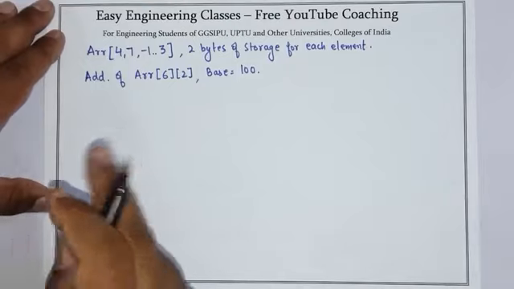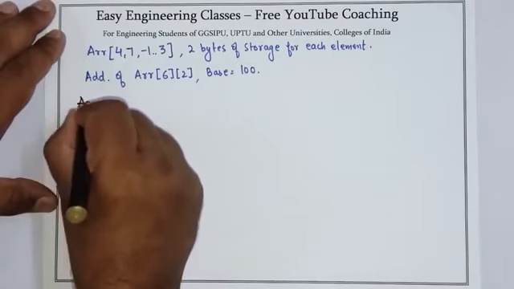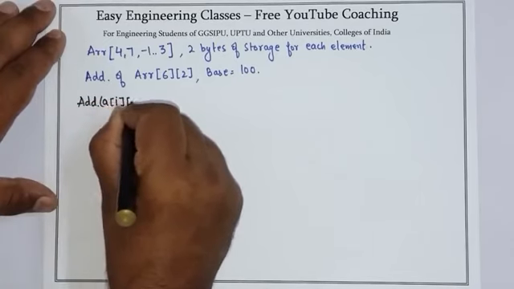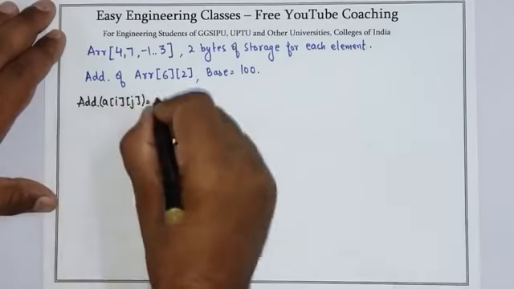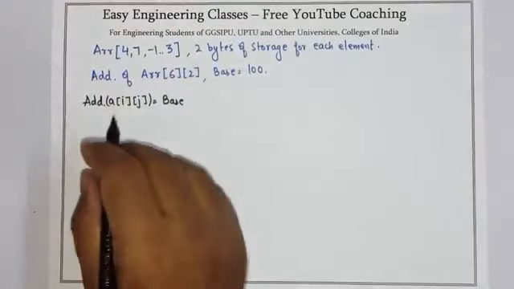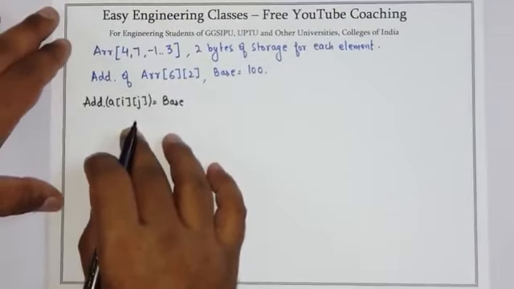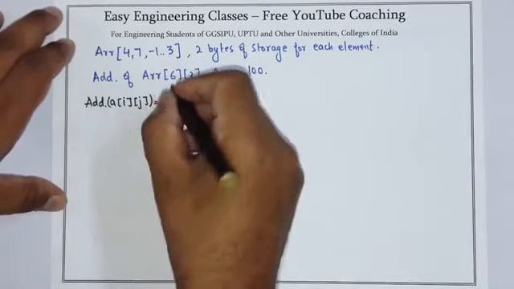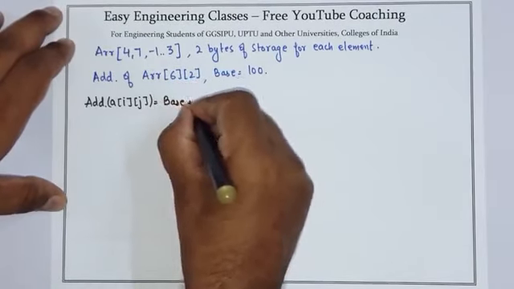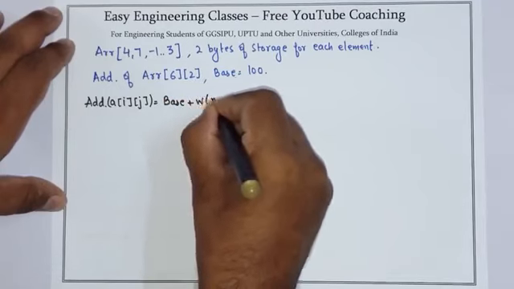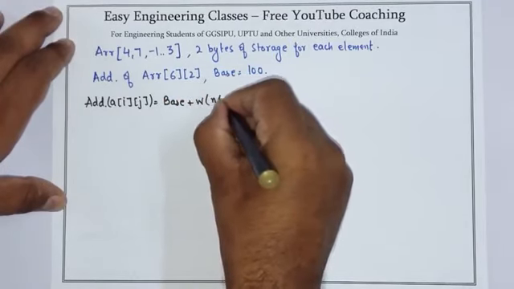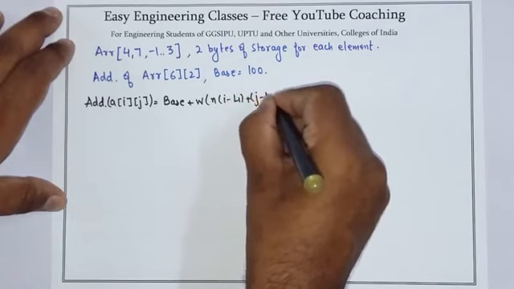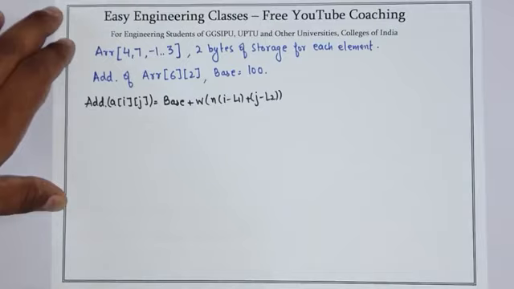If you remember the formula, the address of Aij is equal to base plus W, into number of columns, into (i minus L1) plus (j minus L2).